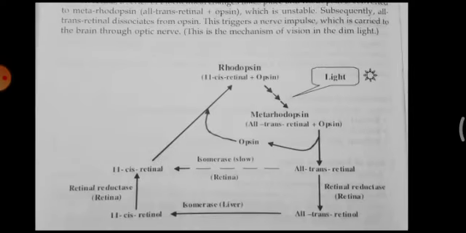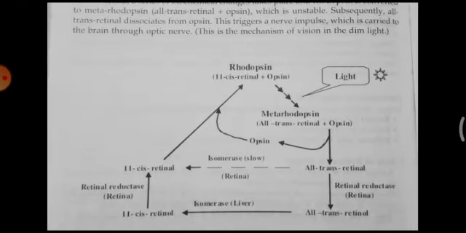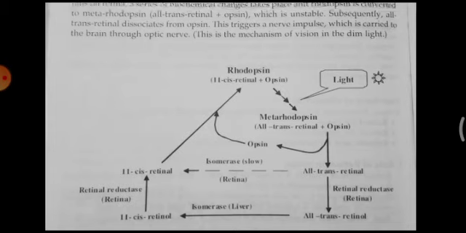So this is a complex event involving a breakdown of rhodopsin and conformational change along with the chemical group change involving the opsin release, which is going to have nerve signaling of vision to the brain.